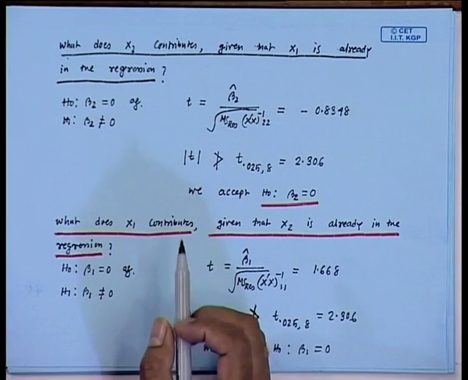Neither x 2 is significant in the presence of x 1, nor x 1 in the presence of x 2. So, this is one example. If the global F test is significant, then at least one regressor should be significant, but here we get the result that the global F test is significant, but none of the partial tests are significant.